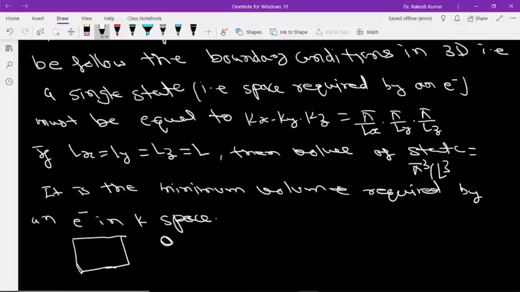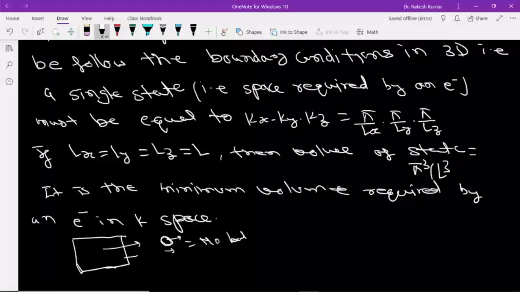Then first we have to know the size of this ball, and then we have to know the size of this space. Then by dividing this size by this size, we can get the number of balls that can fit in this area.